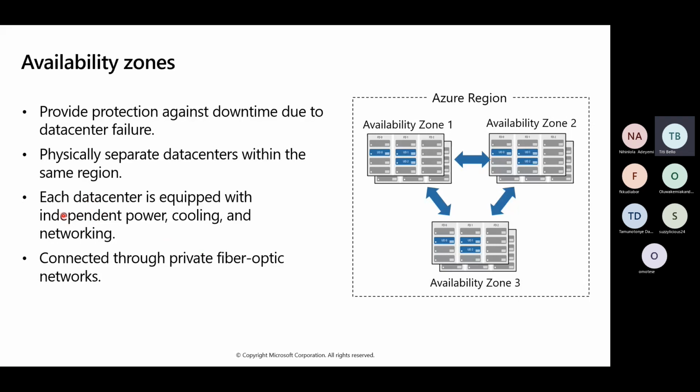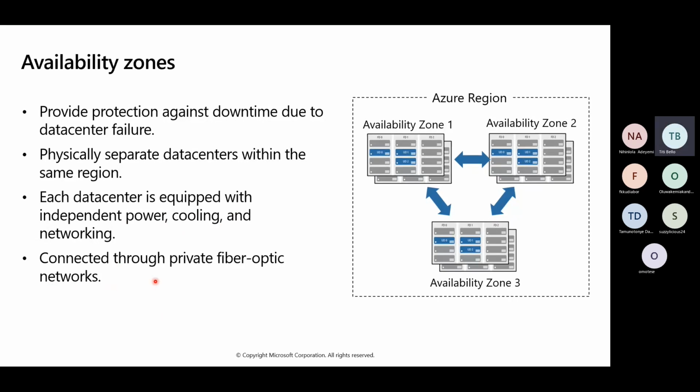We also said each data center in a zone is equipped with independent power, cooling, and networking, including physical security. So data centers are not at any time sharing resources when it comes to power, cooling, or space.